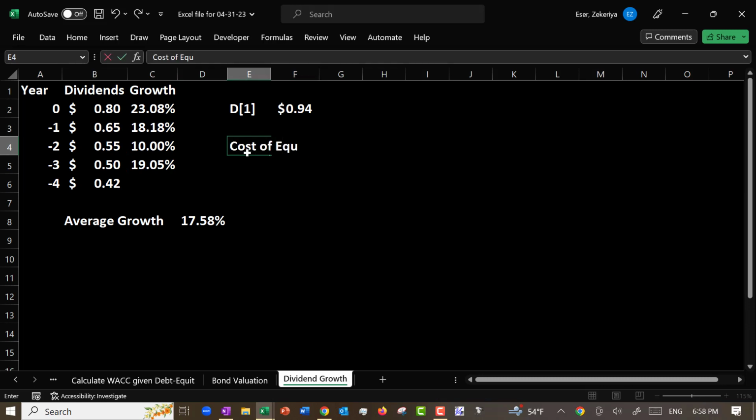That's cost of equity. Growth plus dividend yield.